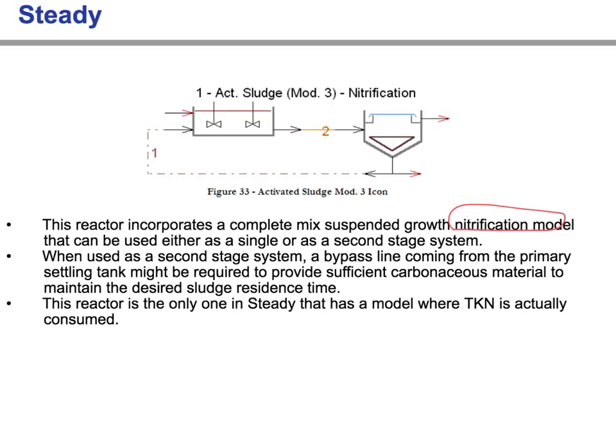So if you want to know how nitrogen is converted within the system, model 3, the third model, may be the best choice. This reactor is the only one in the study that has a model where TKN is actually consumed. For other models, TKN is not consumed.